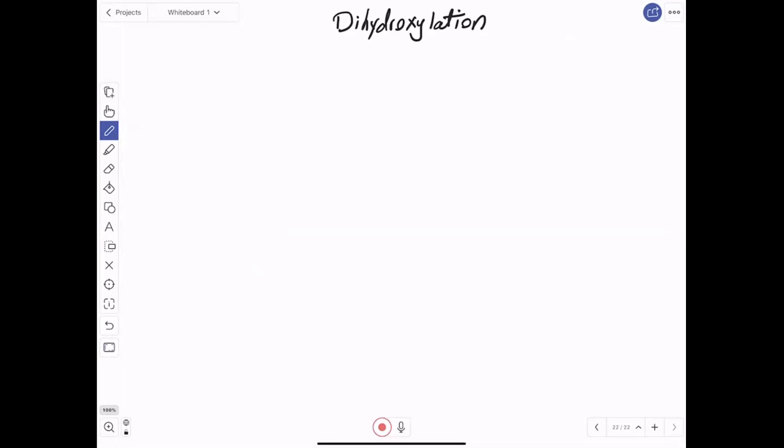For example, if we have ethylene and we do dihydroxylation, we get ethylene glycol. Dihydroxylation can be anti or it can be syn.